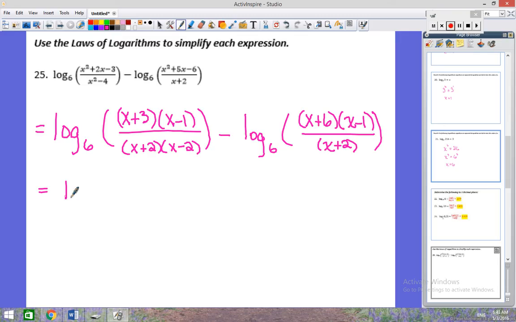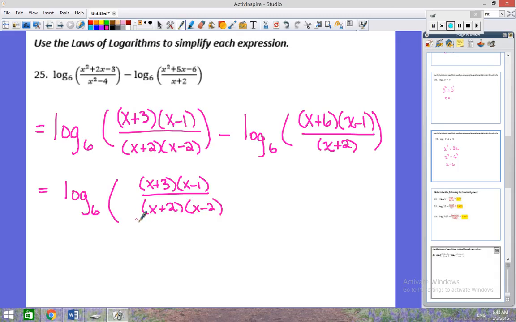So it might be helpful, however, for some students to write this as the numerator, and instead of creating a complex fraction, to use your division symbol.